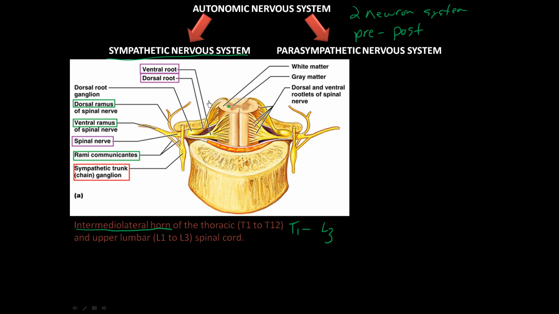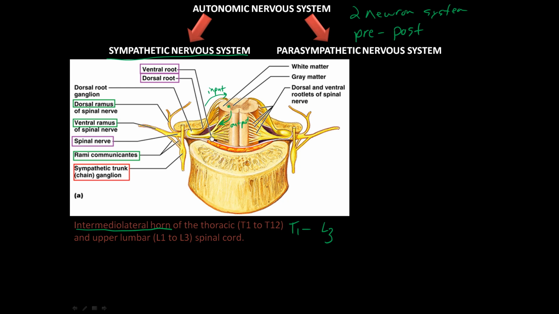spinal cord. Information comes into the spinal cord this way. This is input, or sensory, and it leaves going this way. This is output. We start here with the preganglionic nucleus in the intermediolateral horn. It comes out through these ventral rootlets. Ventral is front side, dorsal is back side.